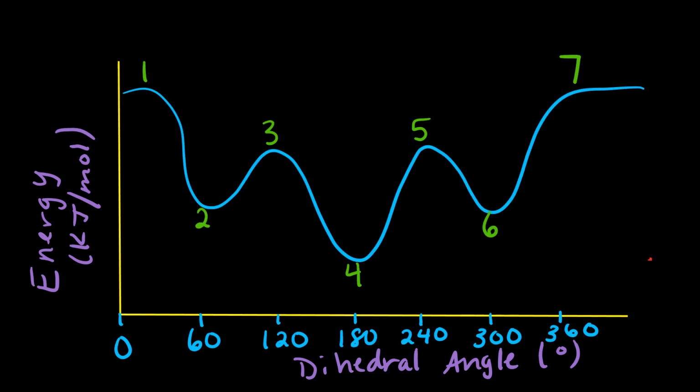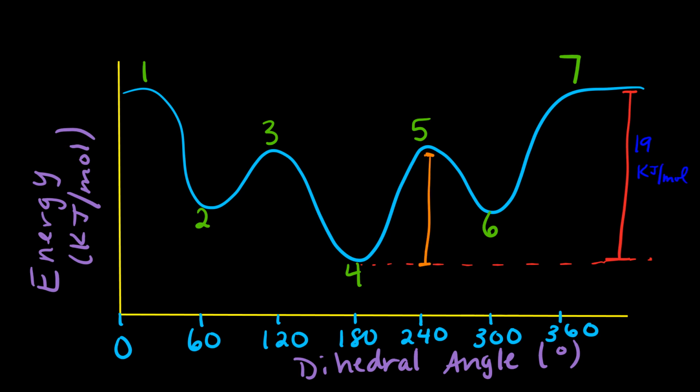If we were to generate a curve going through this 360-degree rotation, it would look like this. And the energy gap between the high energy CH3 eclipse conformation and the low energy anti-conformation would be 19 kilojoules per mole.